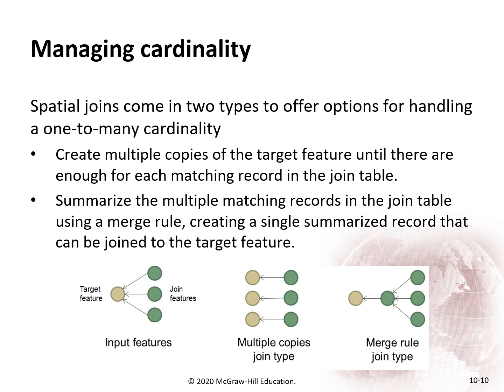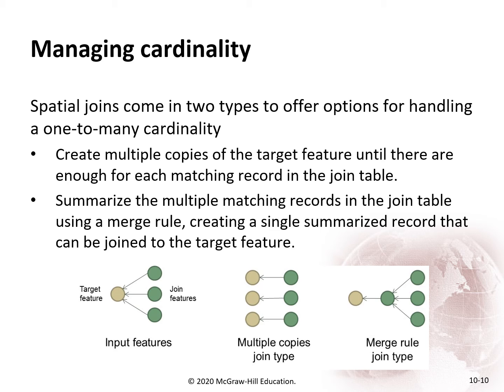So let's look at kind of the way this works. Spatial joins come in 2 types to offer options for handling one-to-many cardinality. You can create multiple copies of the target feature until there are enough for each matching record in the table, or you can summarize the multiple matching records in the join table using a merge rule, creating a single summarized record that can be joined to the feature target.